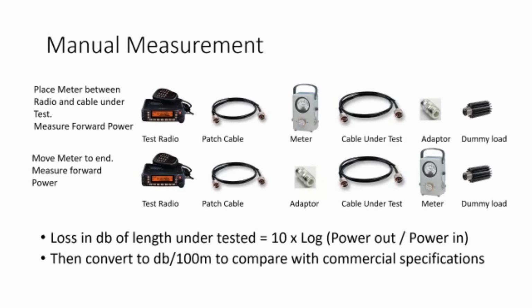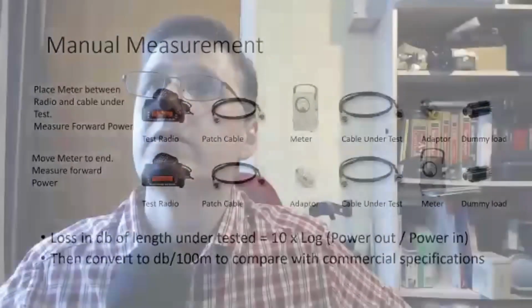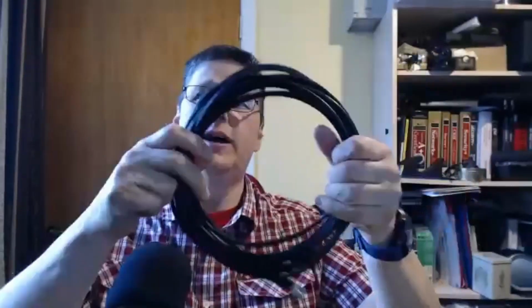So I have a number of different cables. In the order that I measured them, I have about RG58, and I've got about 7.5 meters of that with a PL259 and a BNC on the end of it. That was the first cable I measured. This was sort of my reference cable.